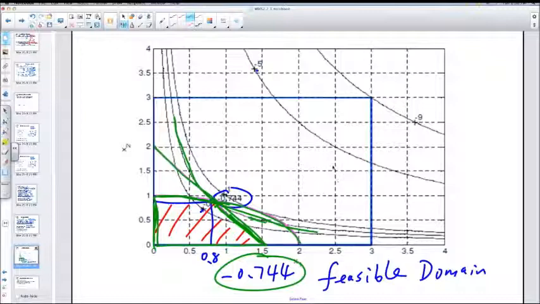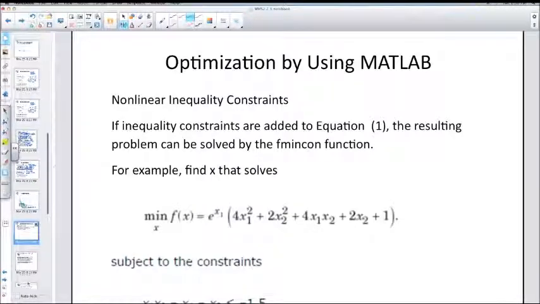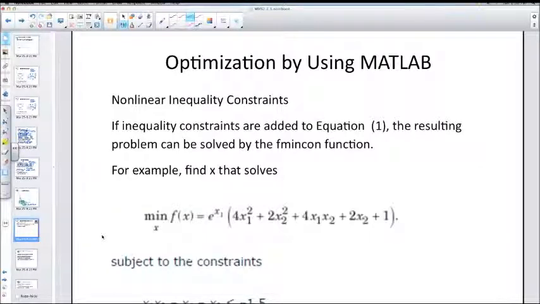Well, then I'm going to use another 15 minutes to quickly walk through the MATLAB command. The command is called fmincon. What that means is f minimization under constraint.